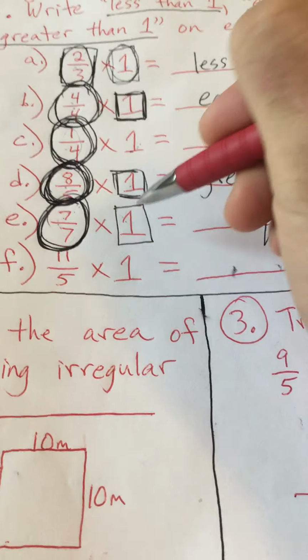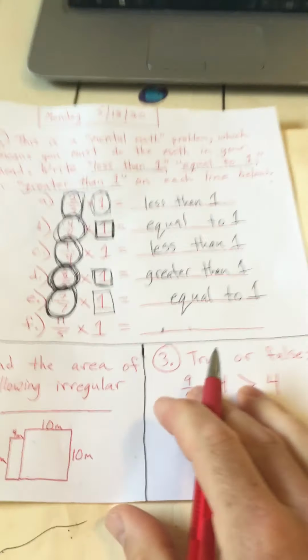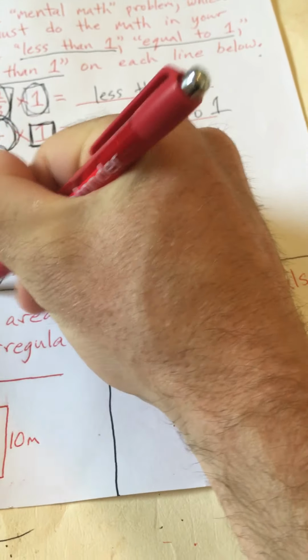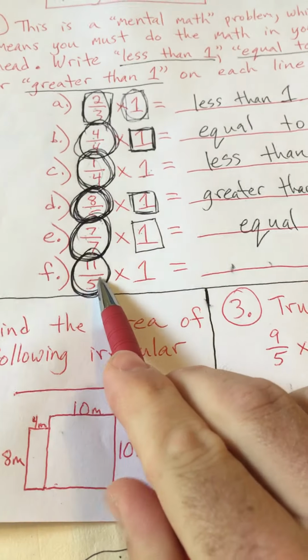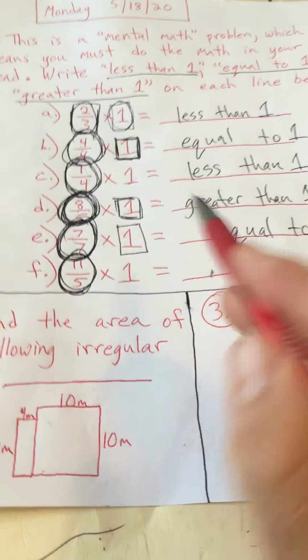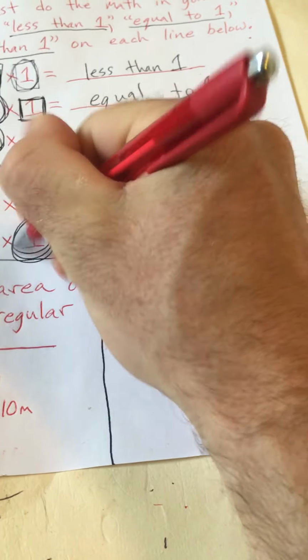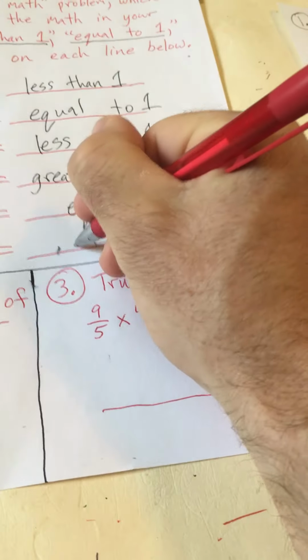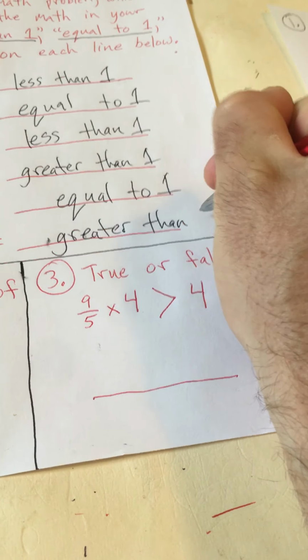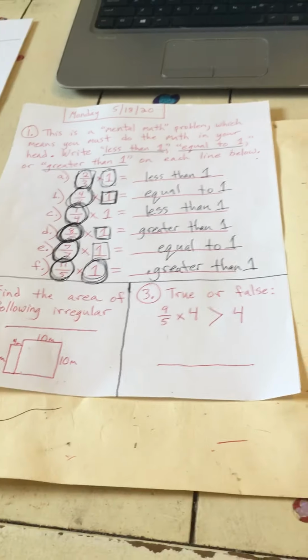Anytime you multiply something by 1, it doesn't really change. Last one for these, 11/5 times 1. Now 5/5 is equal to 1, so 11/5 is more than 1. If we're multiplying 1 times a number that's more than 1, it's going to be greater than 1.